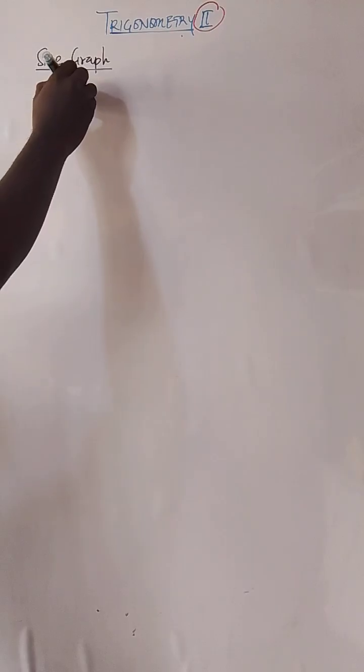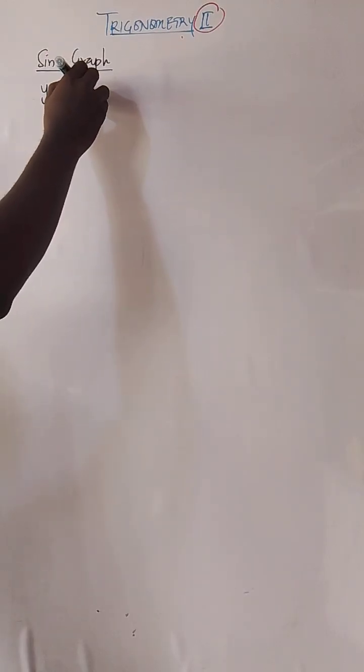Now let's work on trig graphs. Suppose we have a trig function y, which is a sine function. Let's call it sine x, or let's say sine theta. If you take several angles for x, let's say from 0 to 360, how will the graph look?